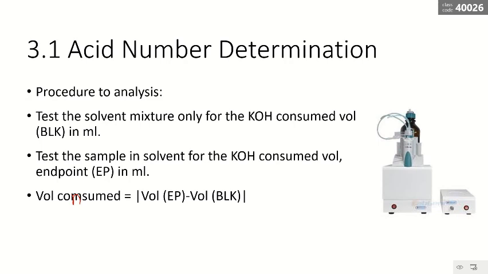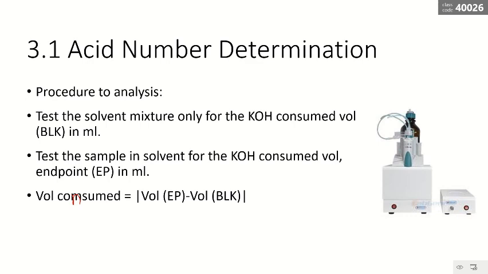The consumed volume is basically how much potassium hydroxide volume was used. If we know this volume difference, how much they used, and we also know the concentration is 0.1, then we will know how much of this chemical potassium hydroxide was used.